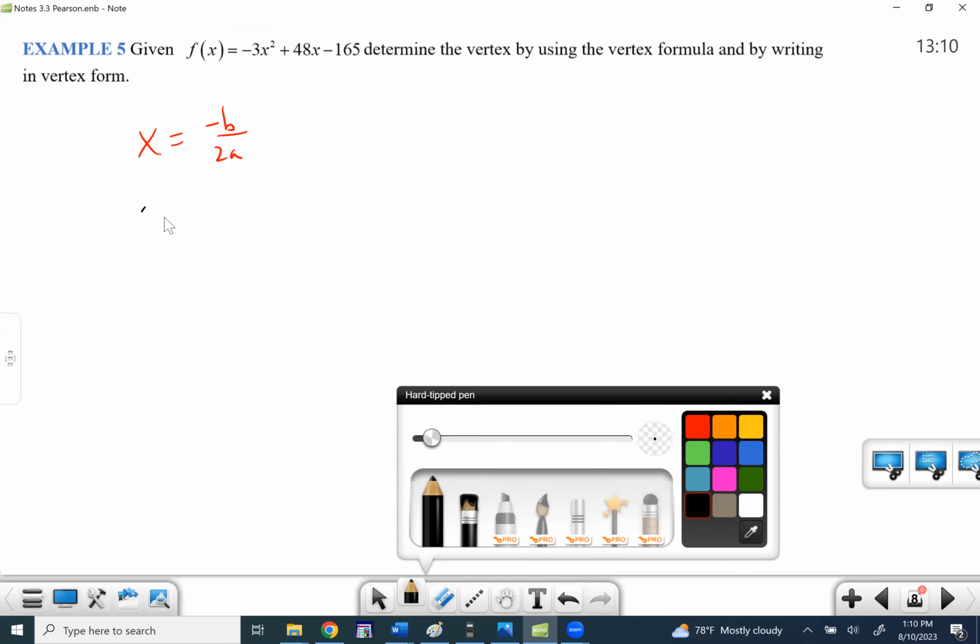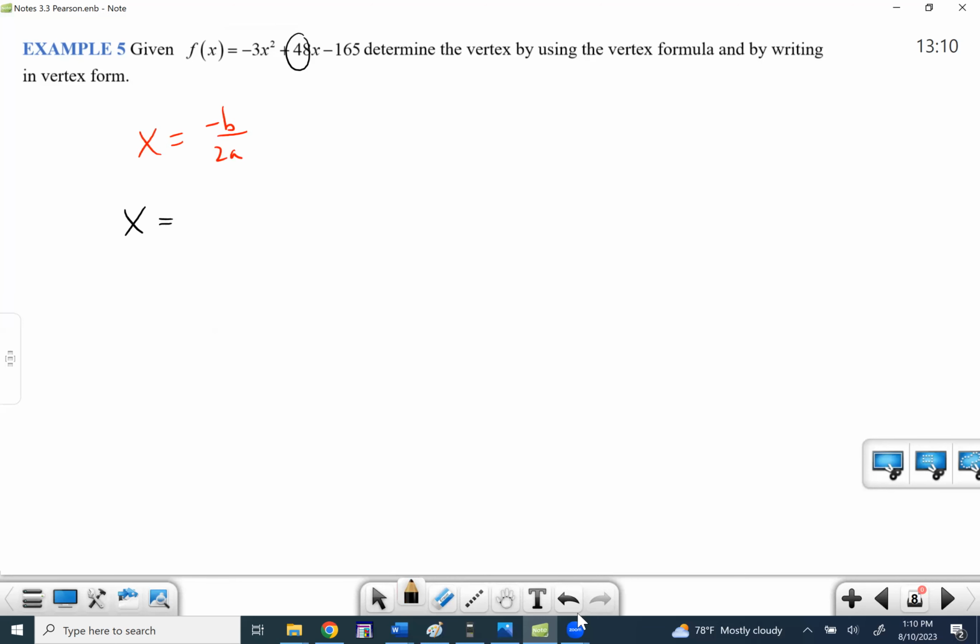We can see that the b is 48 in the problem, and we can see that the a is negative 3. So this is going to get us negative 48 divided by negative 6. So we now know that for the vertex, the x value is 8.